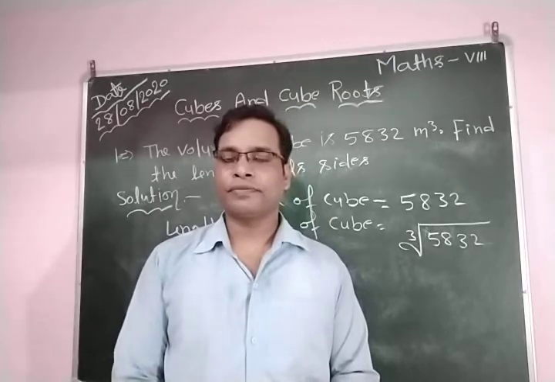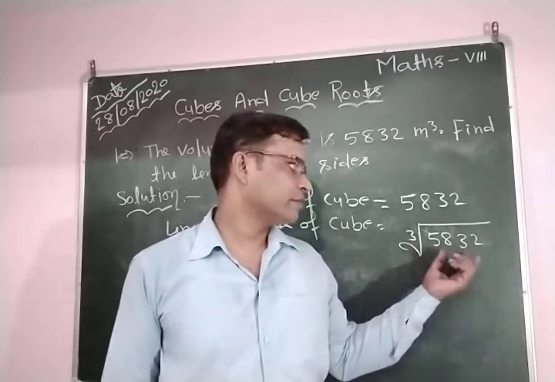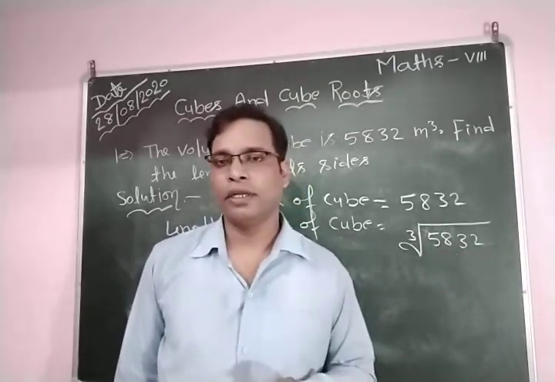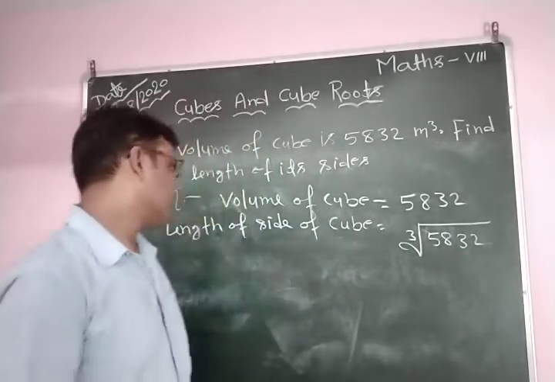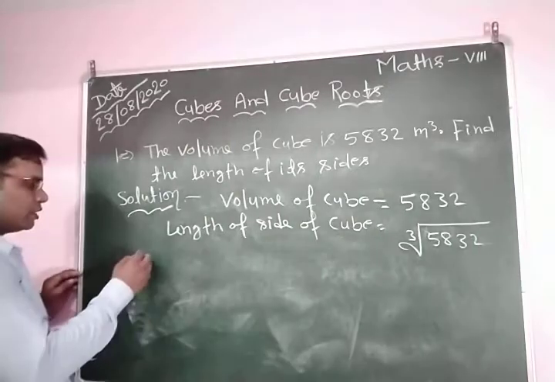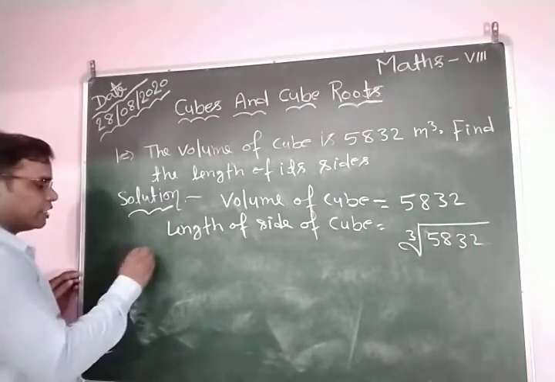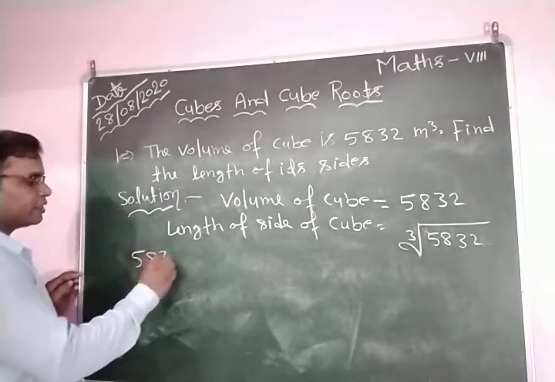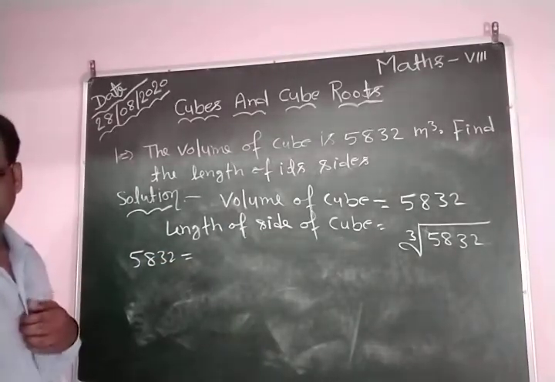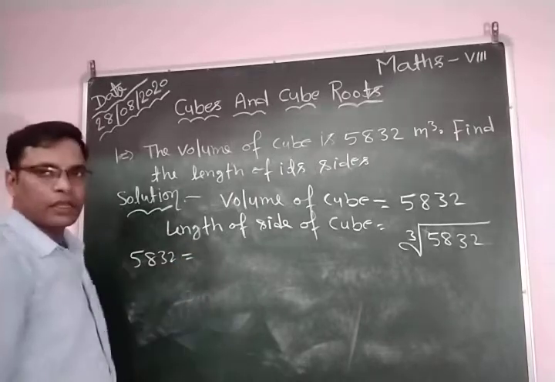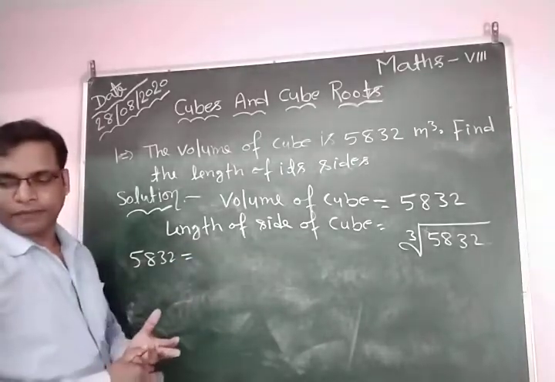This is equal to the length of side of cube. Okay, so you can express 5832 as a product of prime factors.